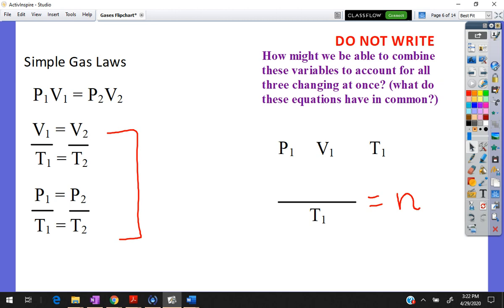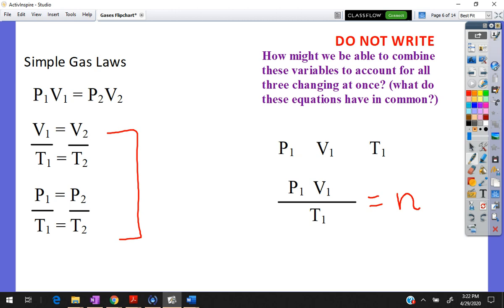The other two variables are pressure and volume, which we know are in the numerator. What happens if we combine these two? We get a relationship P1 times V1 over T1. Let's see if that works.